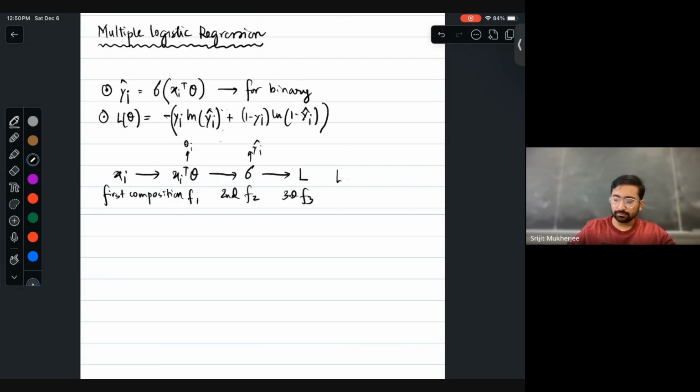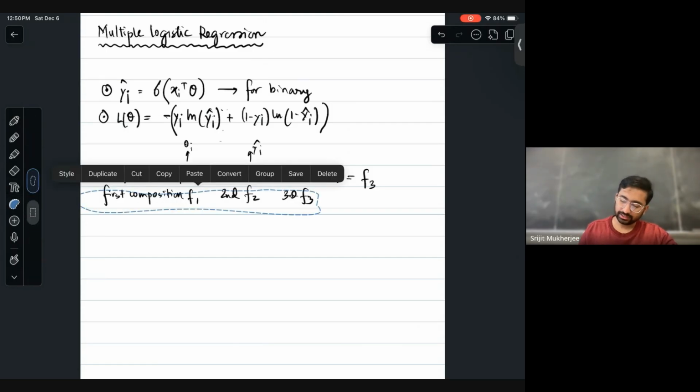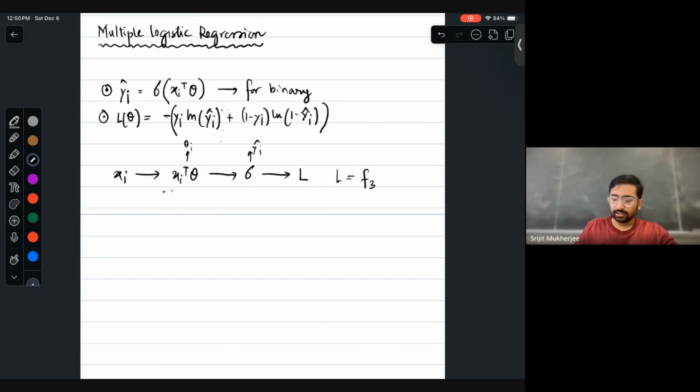So this is f1, this is f2, this is f3, because you are going backward. That's why it's called backpropagation. You're going backward because this is being applied first.